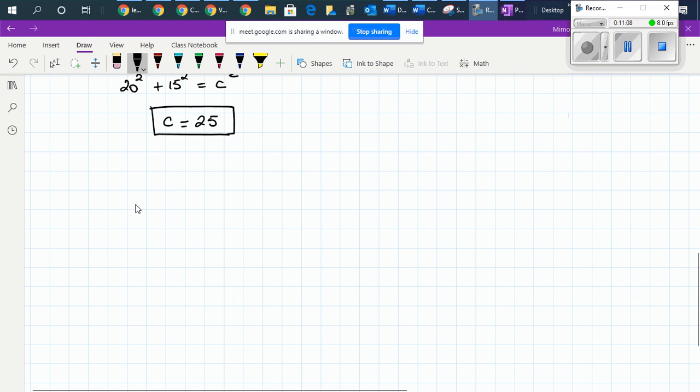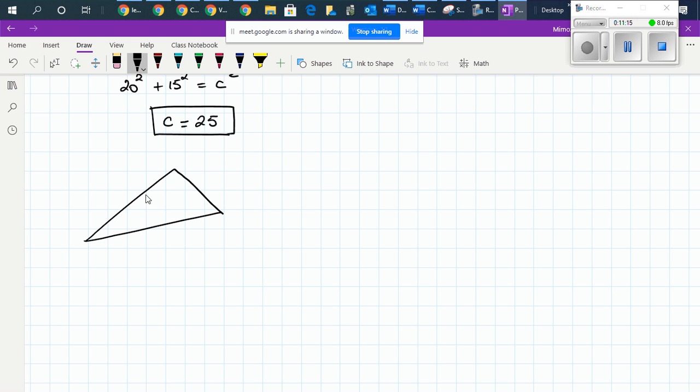Now let's see the case when we have a right angle triangle where the angle is given and we are looking for the side. In this case, the triangle will be PQR, the hypotenuse is 13, and the angle here is 23 degrees.